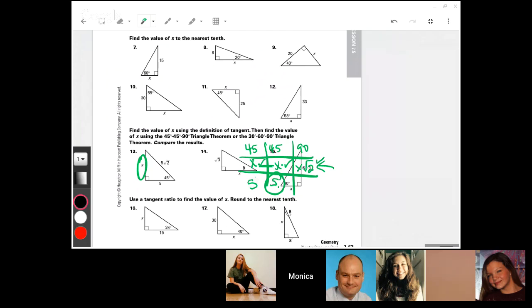Let's see. Lily asked me to do number 25, but she just left. Anybody else? Number 21, Isabel, on the worksheet. Okay, hold on just a second.